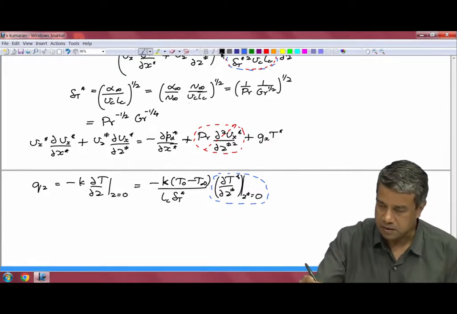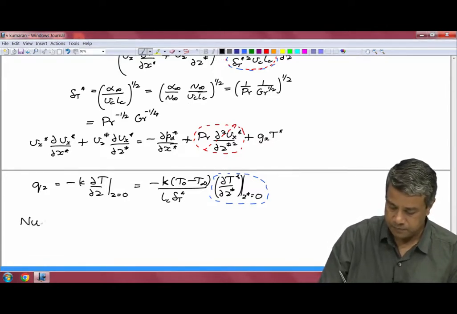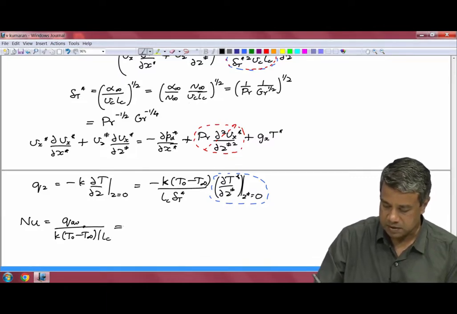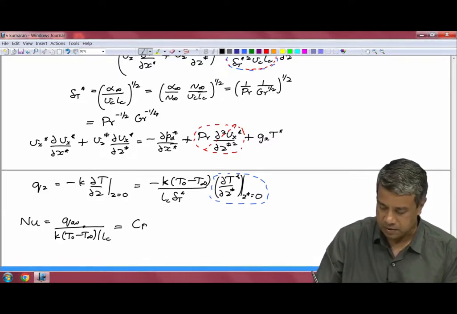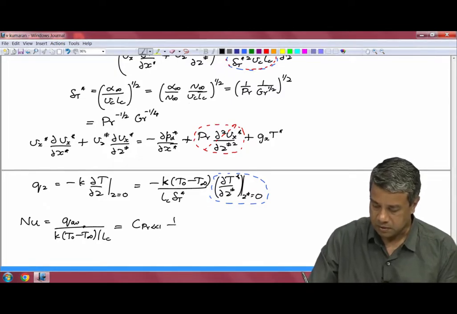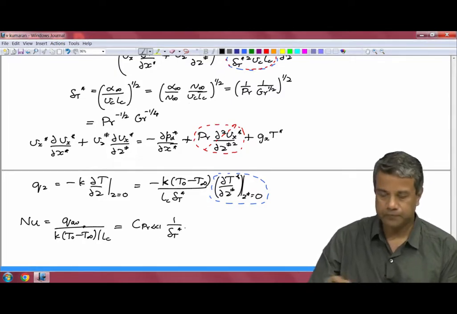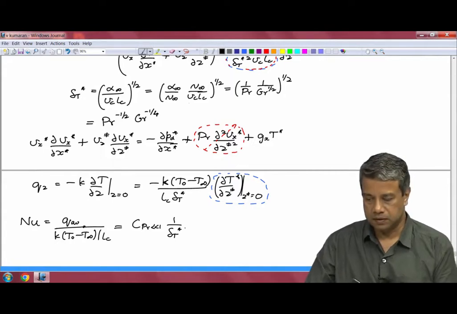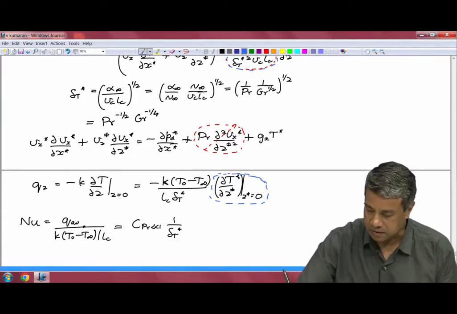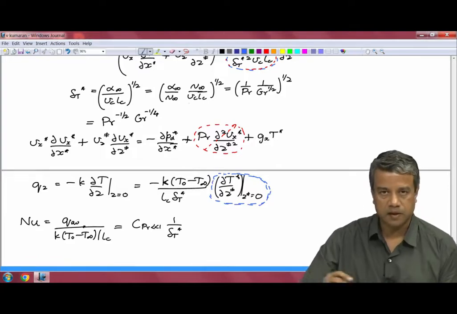So, the Nusselt number, which is equal to Q average by K into T naught minus T infinity by LC, is equal to some constant for the limit of small Prandtl number times 1 over delta T star, where that constant depends upon the average of this integral across the entire geometry.